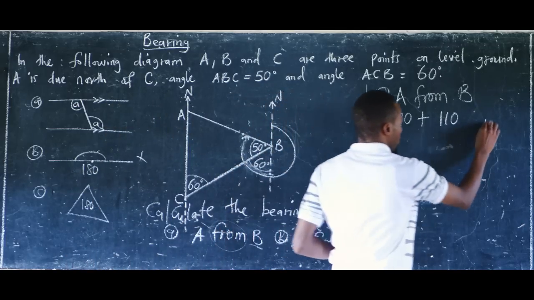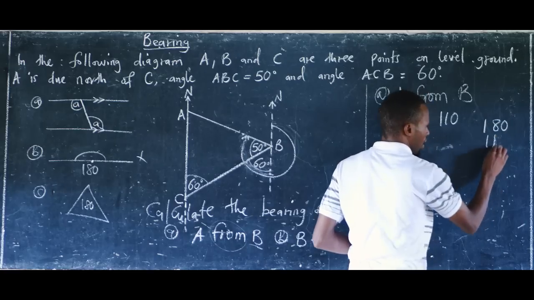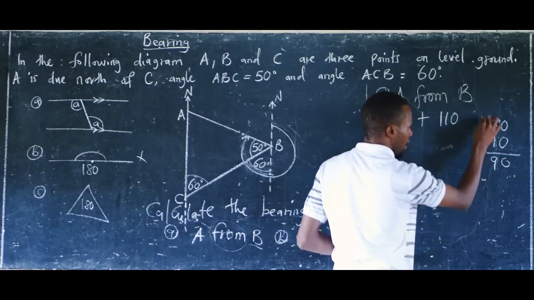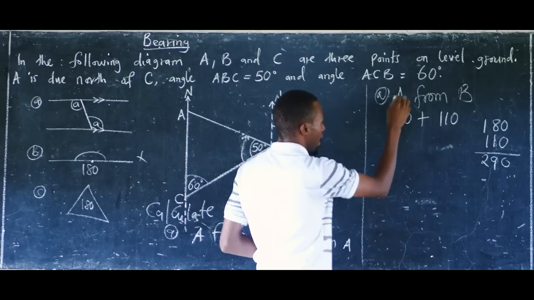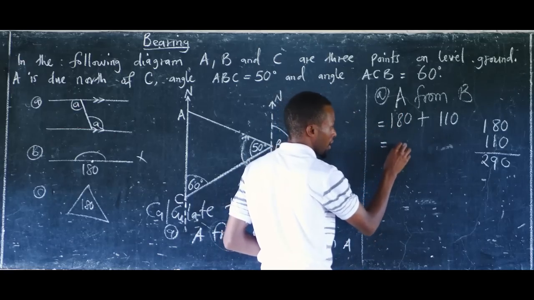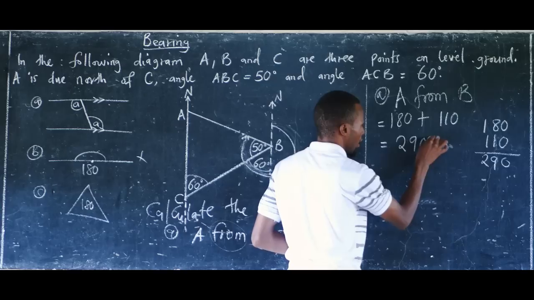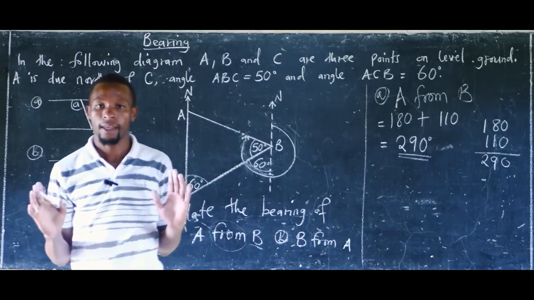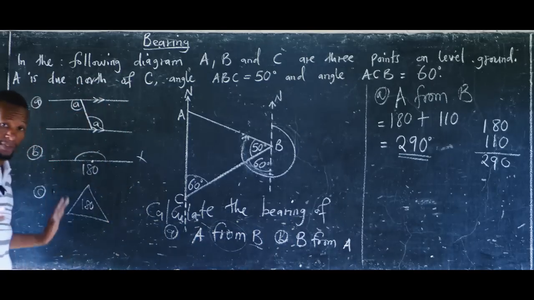So let us add 180 plus 110. This is 0, this is 9, and this is 2. So our bearing of A from B is 290 degrees. It ends there. Have you seen the way we're applying these three concepts here?